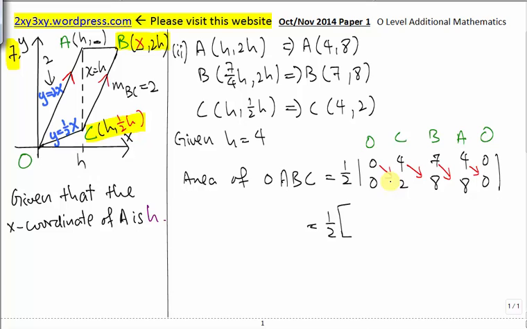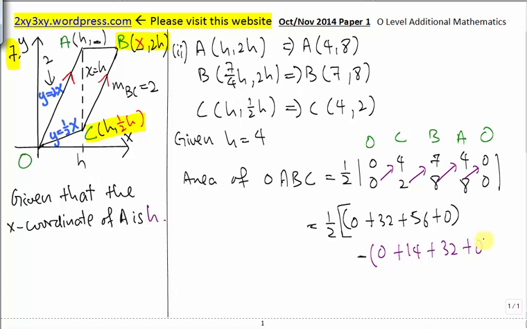We follow the arrows to multiply the numbers together. So this is 0 plus 32 plus 56 plus 0, minus away the sum of the products of the purple arrows, which is 0, 14, 32, and 0.